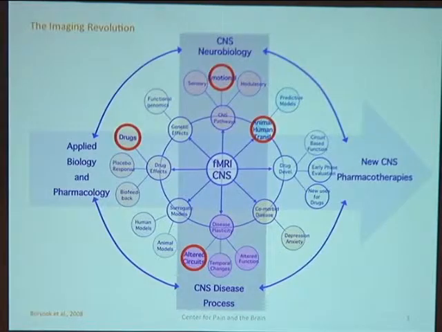And these are shown in this figure, which we tried to summarize, that fMRI of the brain can be pivotal to a number of major domains listed here. I'm going to talk about defining a circuit. I'm going to talk about how we can image drugs that are not PET-able.